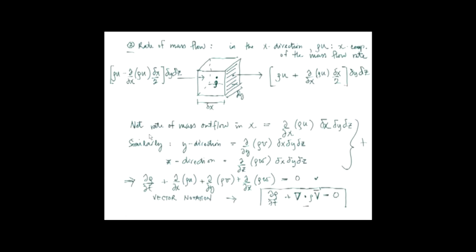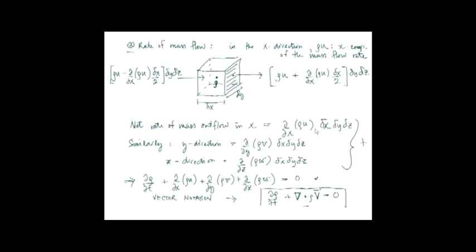So we can formulate the net rate of mass flow, that is the mass outflow minus mass inflow. This rho u will get cancelled and we will get partial by partial x of rho u into delta x, delta y, delta z. Similarly, we can find this thing about the top and bottom faces and front and rear faces.